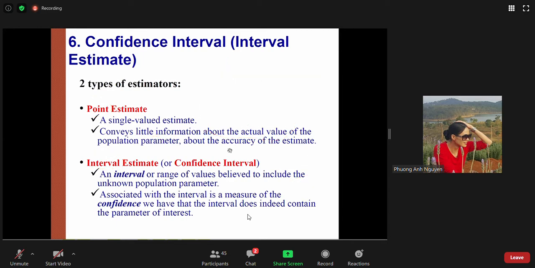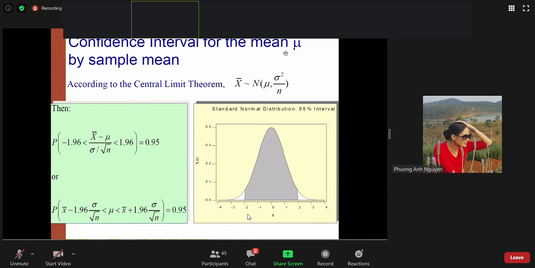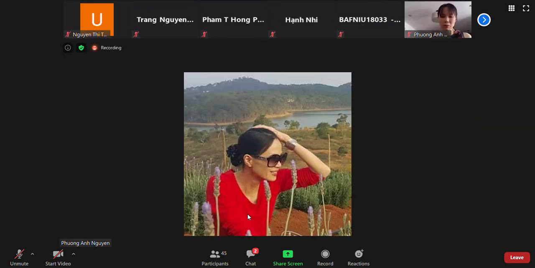Let's work out one example to get the confidence interval. We need to use the central limit theorem.